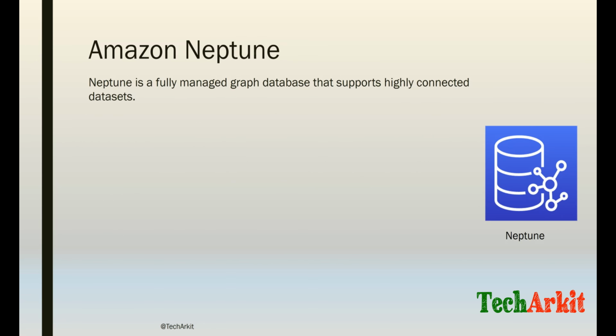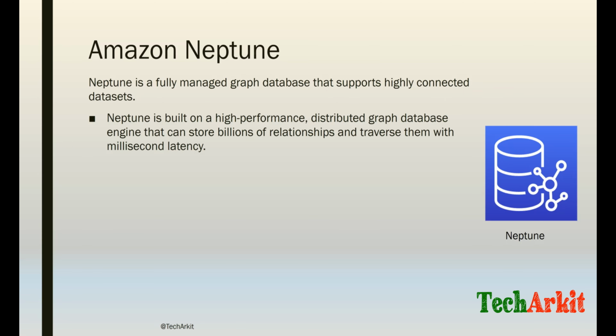Amazon Neptune is a fully managed graph database that supports highly connected data sets. For example, if you have multiple data sets and want to draw graphs or design dashboards, that is what Neptune is mainly used for. Neptune is built on a high performance distributed graph database engine that can store billions of relationships and traverse them with millisecond latency.